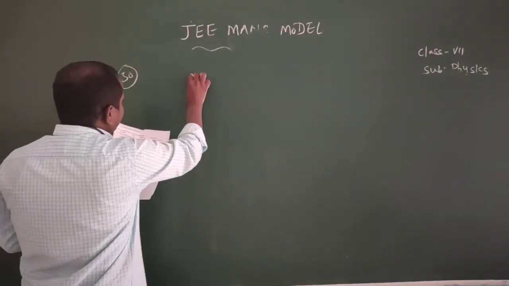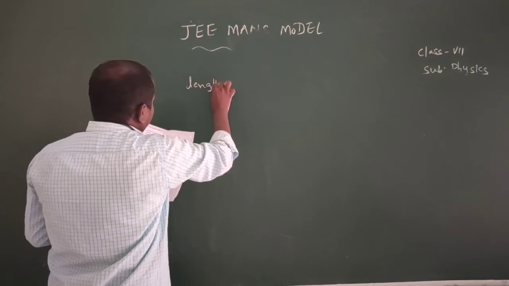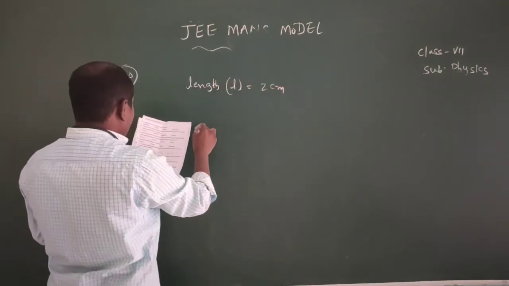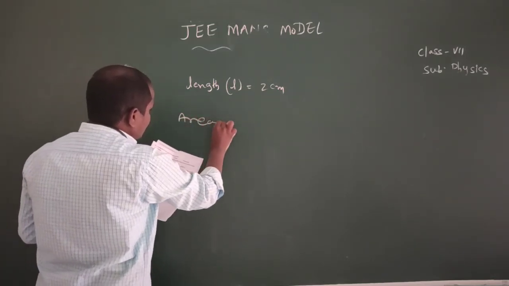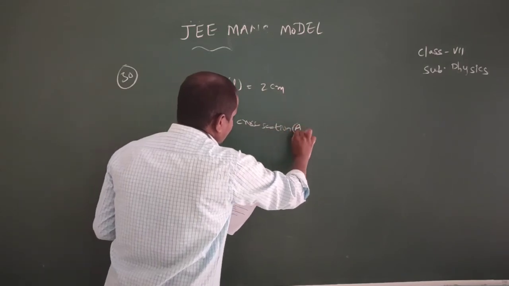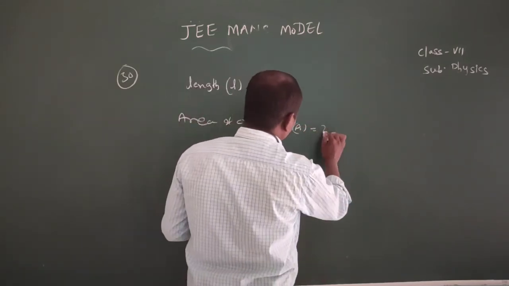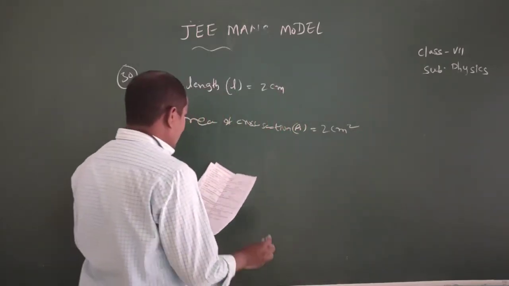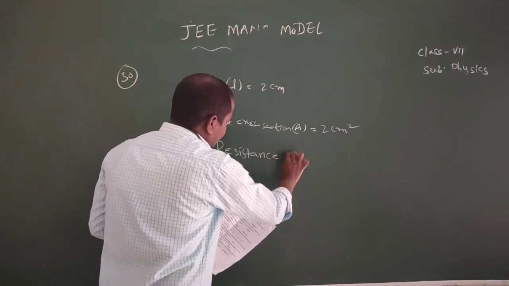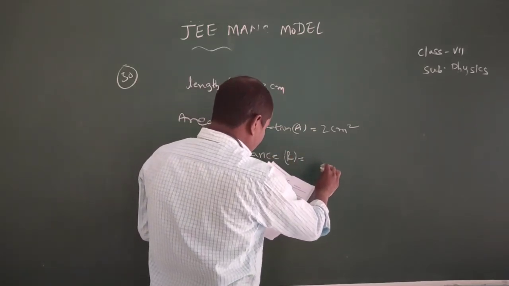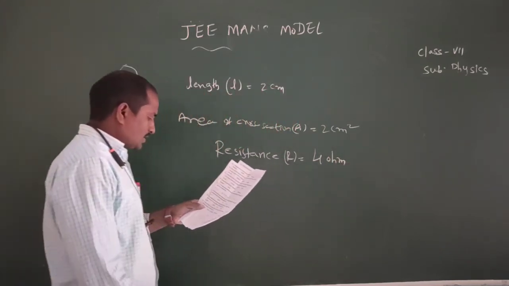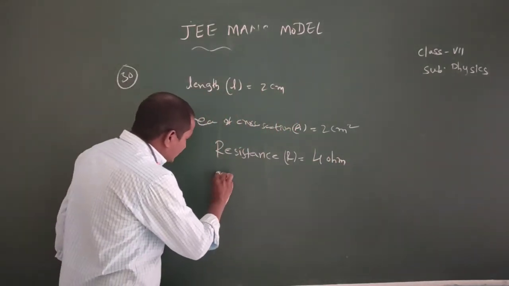Here length L is equal to 2 centimeters, area of cross section A is 2 centimeters square, and the resistance R is equal to 4 ohms. Then find the specific resistance.